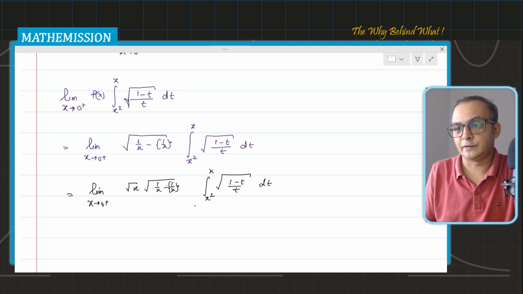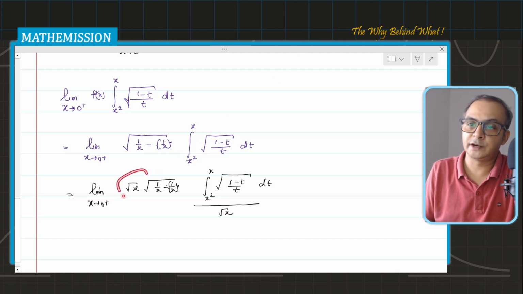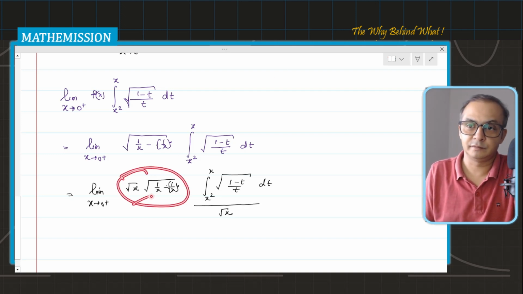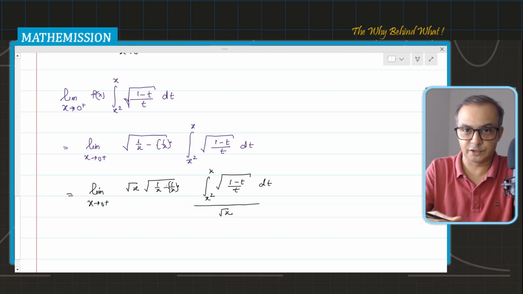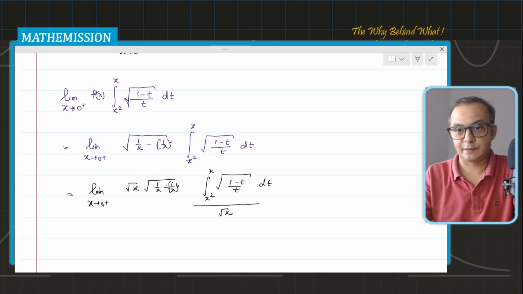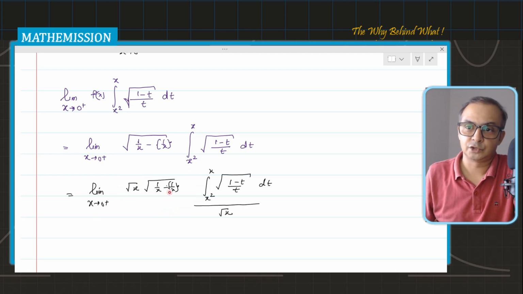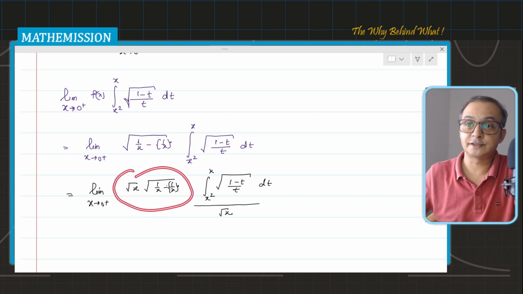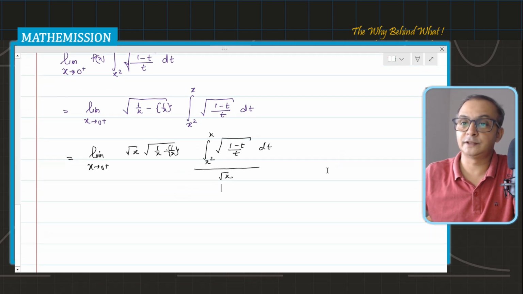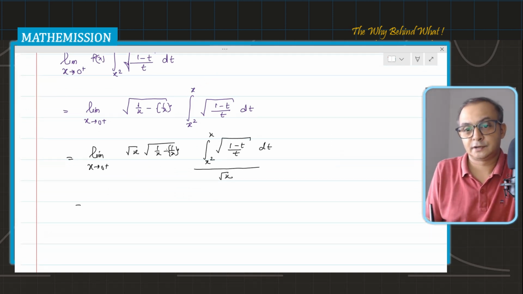What will happen is that this is already evaluated as 1, because the 2 was multiplied to the outer side. That's why it came as 2, but this limit is already 1. So now I'm getting rid of this. This is 1 only, so I have to deal with the limit left over as this quantity.